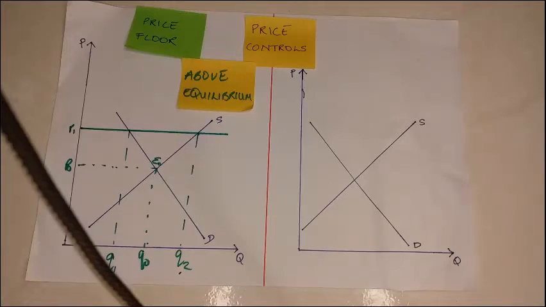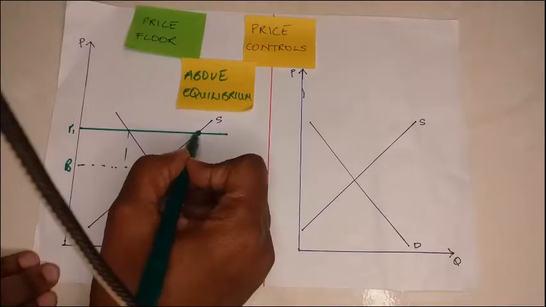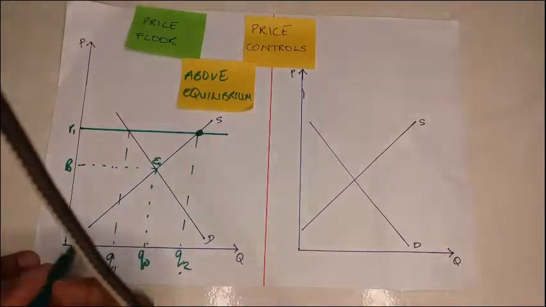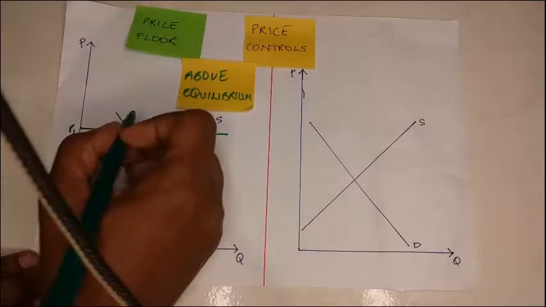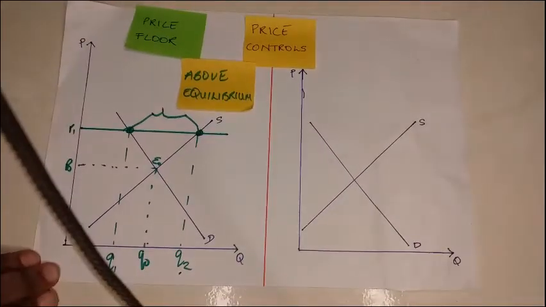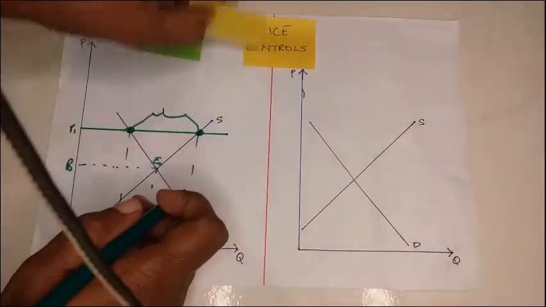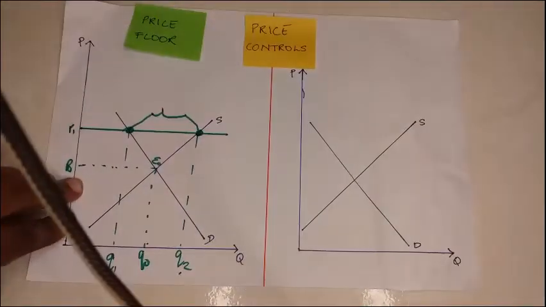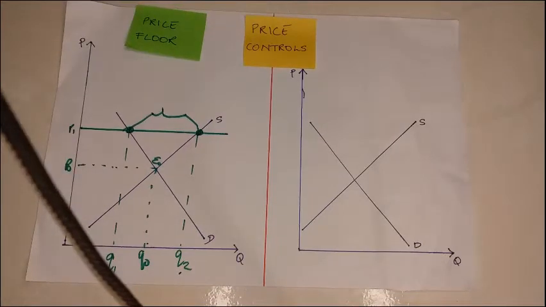But what happens when we have this minimum wage? Yes, persons will be earning a higher income, but the trade-off for that is that it can lead to unemployment, because it means that the supply of labor would be greater than the demand for labor, and so this excess supply of labor, meaning more persons are willing to work or to supply labor, would be greater than firms demanding it.